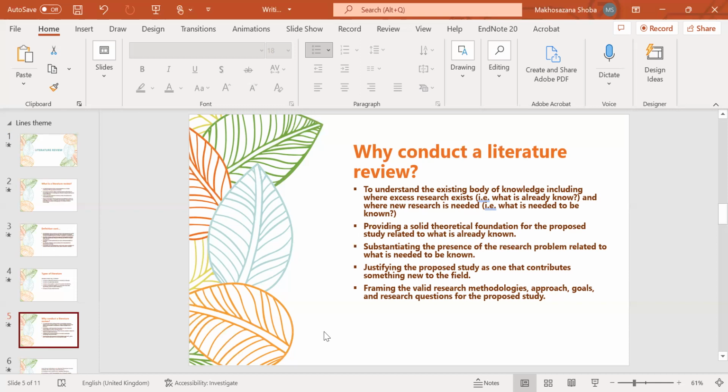There's a research problem and you want to expand the debate, so you read around that particular phenomenon or problem to say, this is what is already known around the phenomenon of teaching and learning in high schools, of teaching and learning of mathematics or whatever concept that you want to pursue.